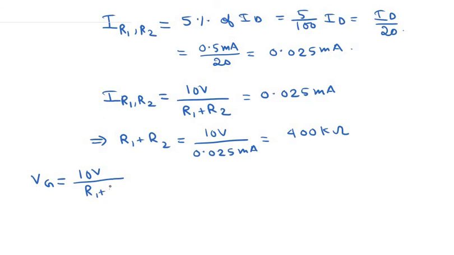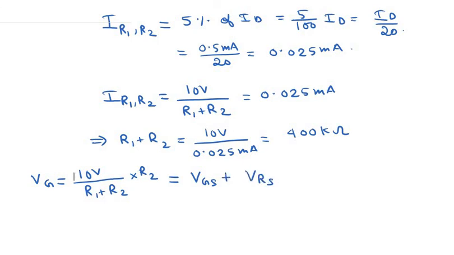VG is also equal to VGS, the gate to source voltage, plus the voltage drop across the resistor RS.